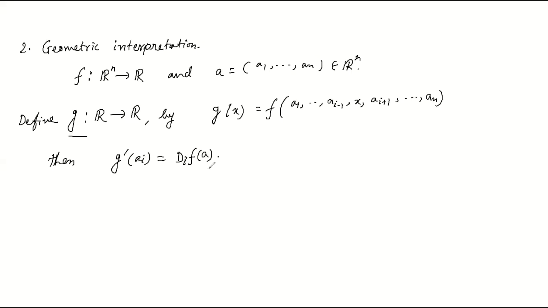Now you know the geometric meaning of the ordinary derivative g prime of a_i: that is the slope of the tangent line of the graph of the function g at the point (a_i, g(a_i)).